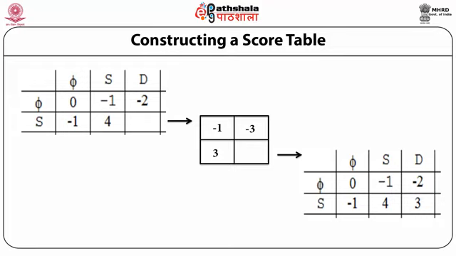We have now again arrived at 3 numbers, 3, -1 and -3 from left, diagonally upper left and upper cell respectively. We'll again select the maximum number out of these 3 and place that number in the cell under consideration. Since 3 is maximum in these 3 numbers, we put a 3 in the empty cell under consideration.